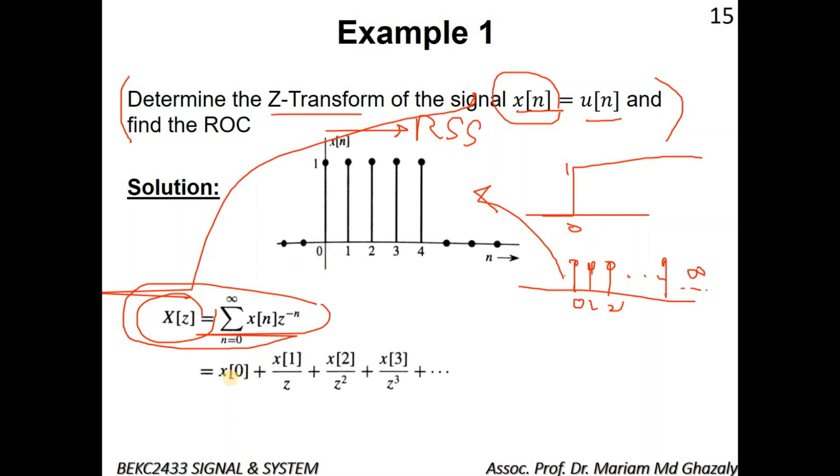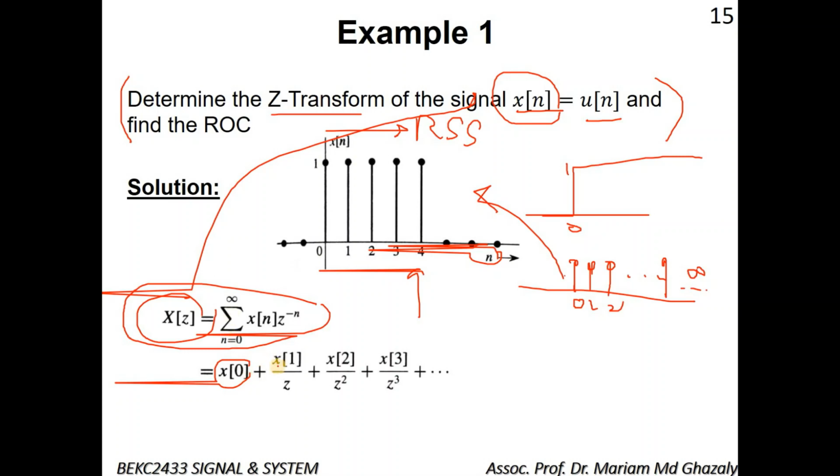Substituting the n values, at n = 0 you have x[0] z^0, and z^0 equals 1.